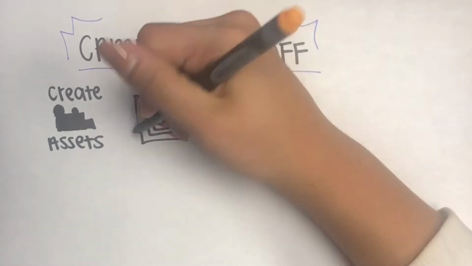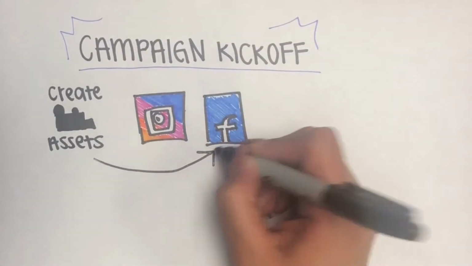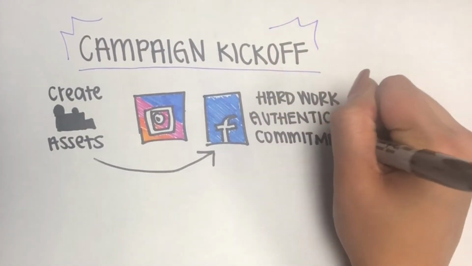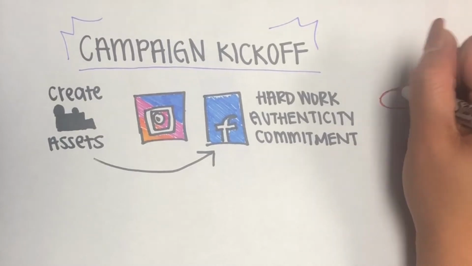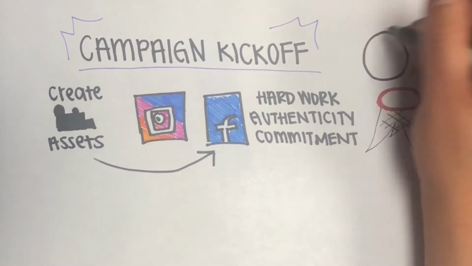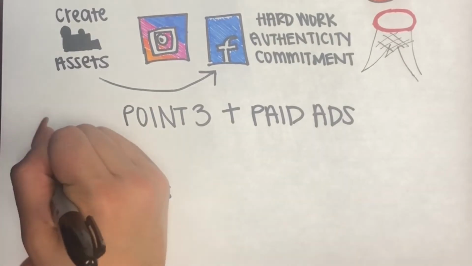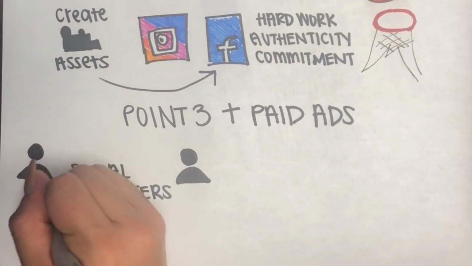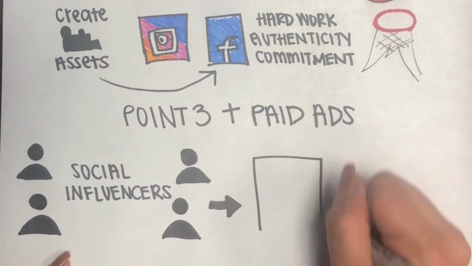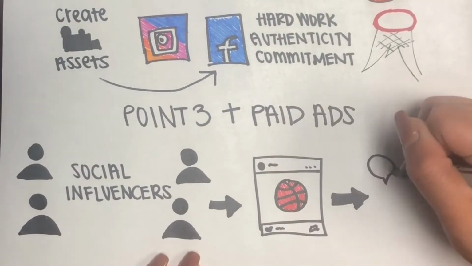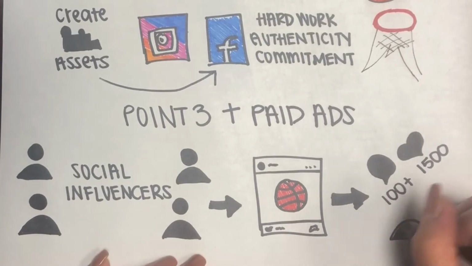Assets will include imagery and videos that show hard work, authenticity, and commitment to the game of basketball. Video content can also be used for Point 3's Facebook account, and paid Facebook ads and photographs can be used on the Instagram account. Social influencers also play a big role, as the more influencers you have, the more they are able to connect with Point 3's target market.